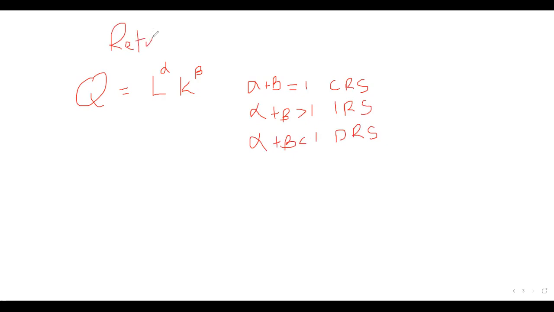So sometimes when you have an input combination of labor and capital, economists have derived this concept as follows. Number 1, you can increase production from 10 to 20 to what? 30.